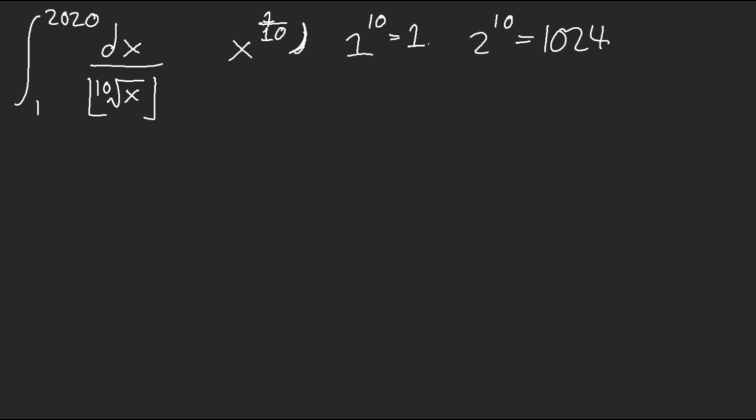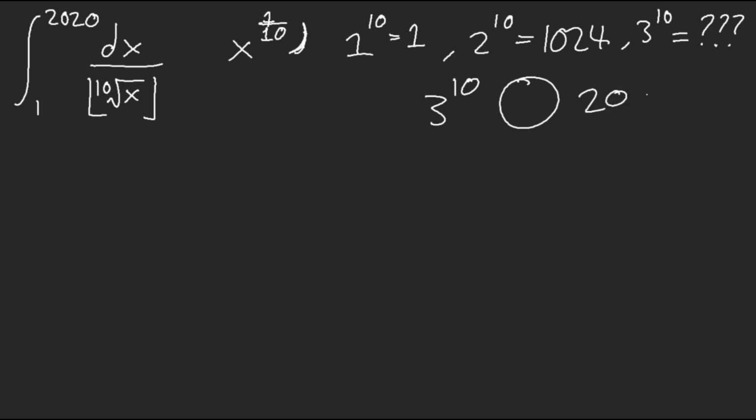And then 3 to the power of 10. What is 3 to the power of 10? I don't know. Right? That's too big for me. However, we can go ahead and compare. We can compare 3 to the power of 10 and 2020. So 2020, I know this is literally 2 times 1010, or I guess, sorry, I could rewrite this as 20 times 101, right?